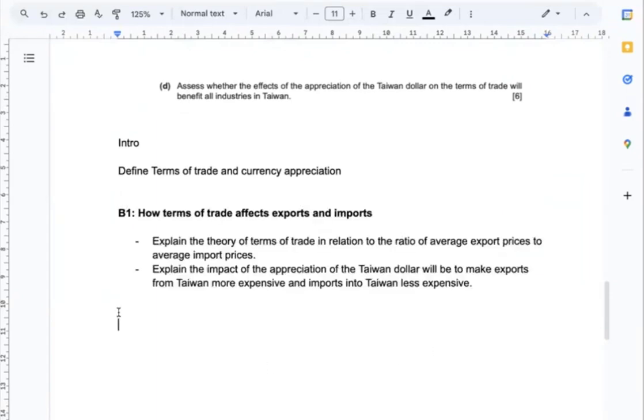And in body 1, I'm going to talk about how terms of trade affect exports and imports. Especially, I can explain how terms of trade can change the ratio of average export prices and average import prices. So the fact that the Taiwan dollar has appreciated is definitely going to make exports more expensive and imports less expensive. So the terms of trade is going to improve.